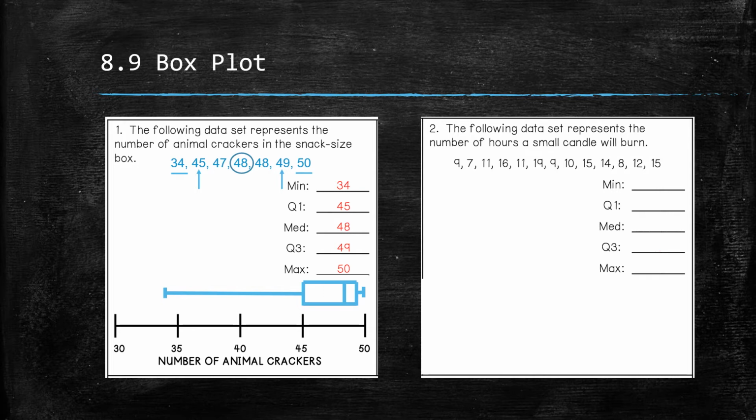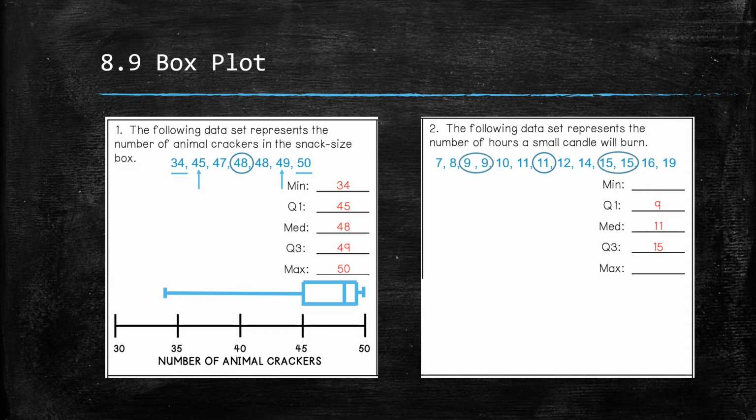So welcome back. The following data set represents the number of hours a small candle will burn. My data is not in order from least to greatest, so we'll start there. And then you're going to identify, hopefully you already did, your median, which is your Q2, and then your Q1 and Q3.